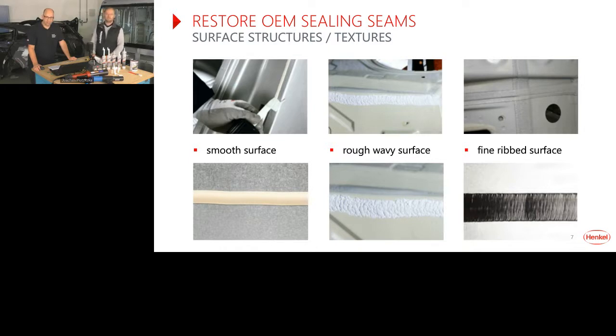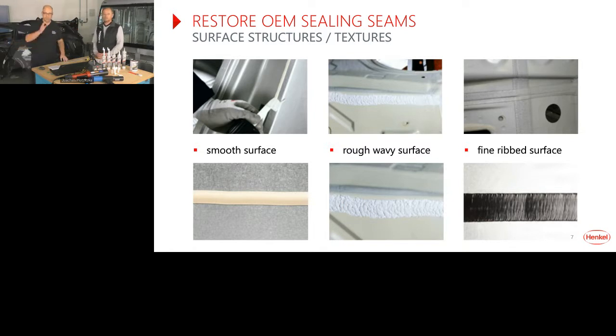On the left side, we have the smooth surface. This line you can see here is mostly in the visible area. It's very flat and smooth, and this is done by extrusion. So just pressing out the material in a constant material flow, nothing special.